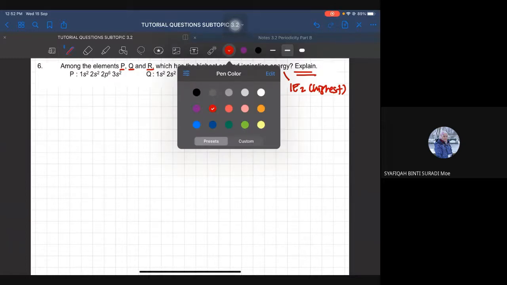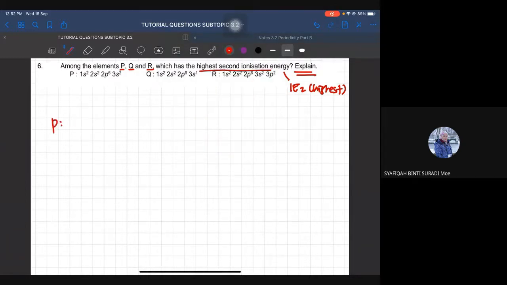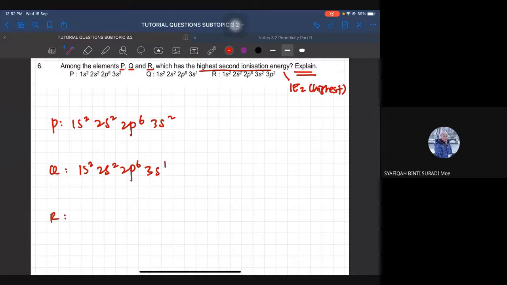Yang pertama kita ada P. 1s2, 2s2, 2p6, 3s2. Dan kita ada Q. 1s2, 2s2, 2p6, 3s1. Dan kita ada R. 1s2, 2s2, 2p6, 3s2, 3p2.